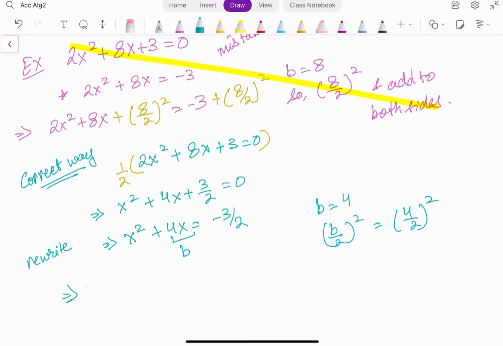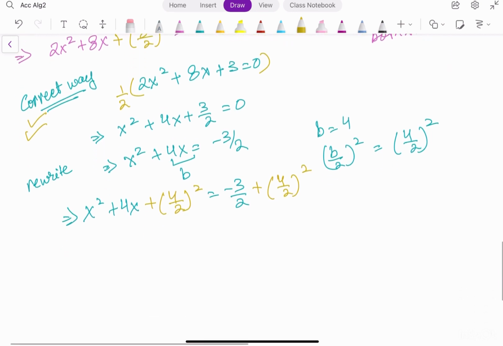And you will see at this point, the left hand side can be written as a plus b whole squared. That's what we want. And I can just write 4/2 as 2 squared as well. So the left hand side is x plus 2 whole squared.